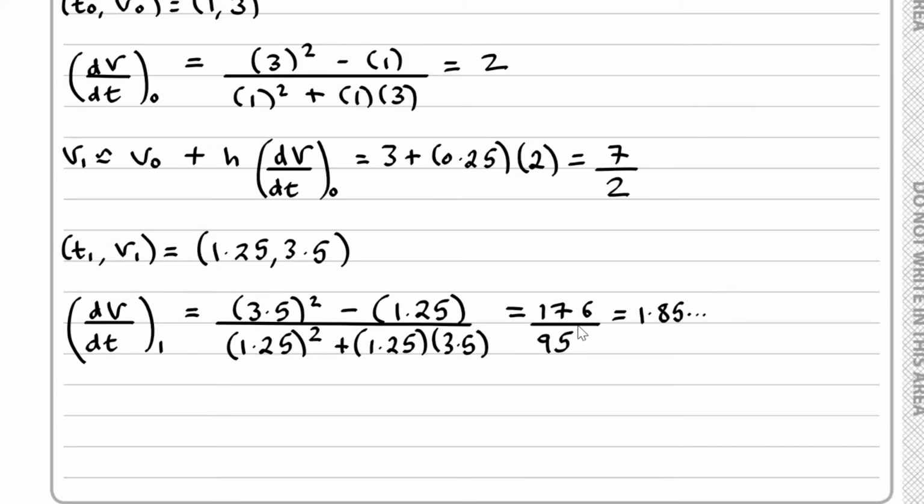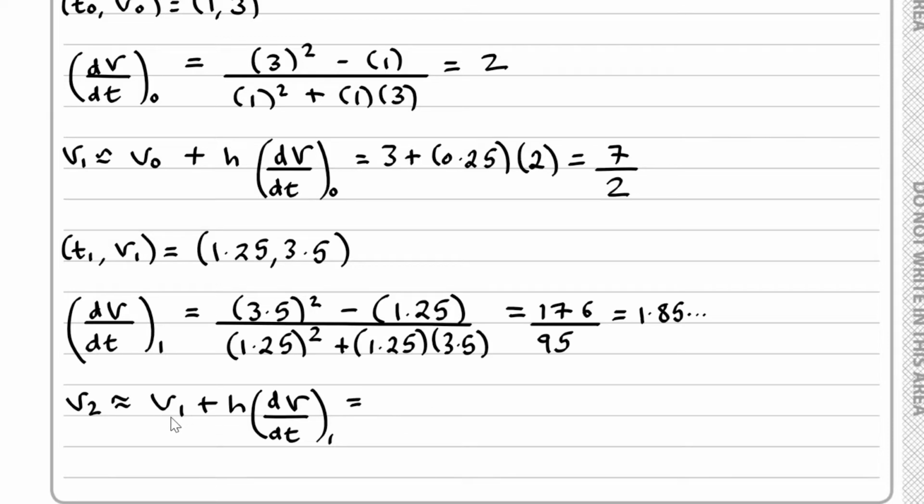So we can now use this value to find out what V2 is. V2 is approximately equal to V1 plus H lots of dV over dt1.